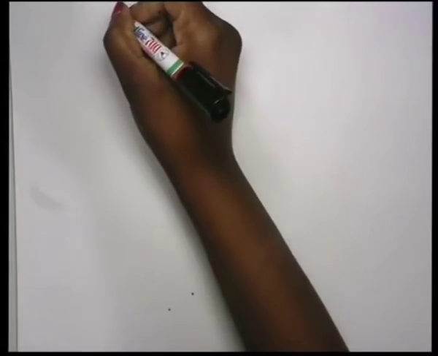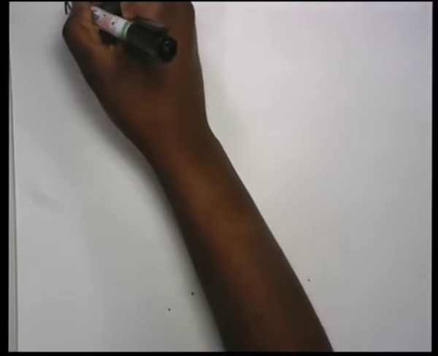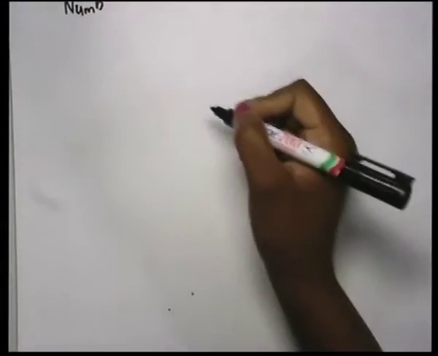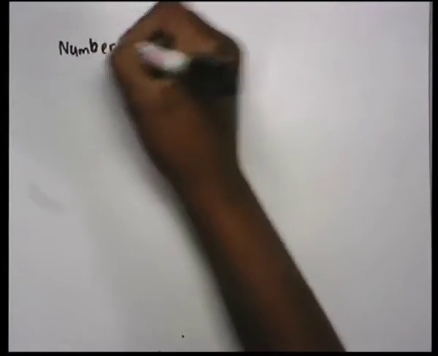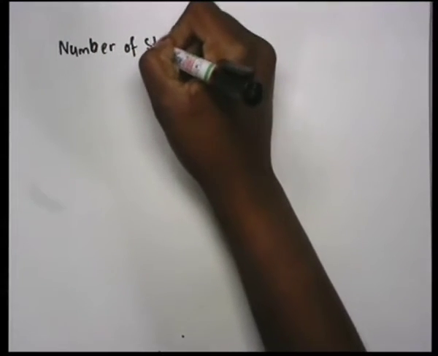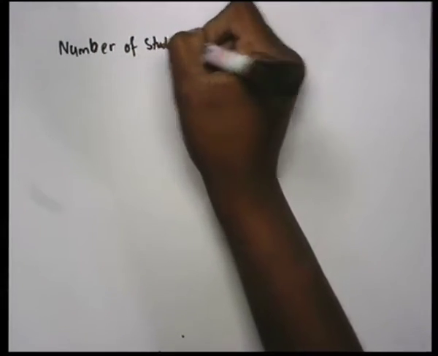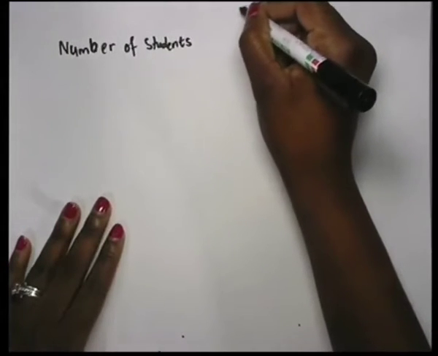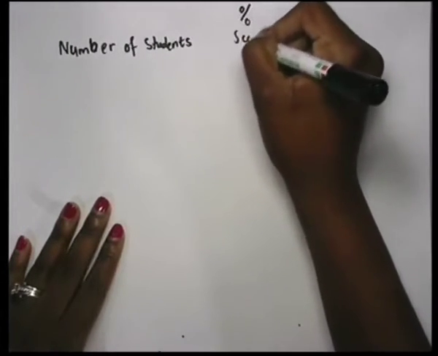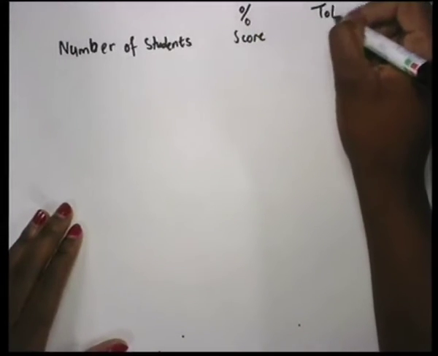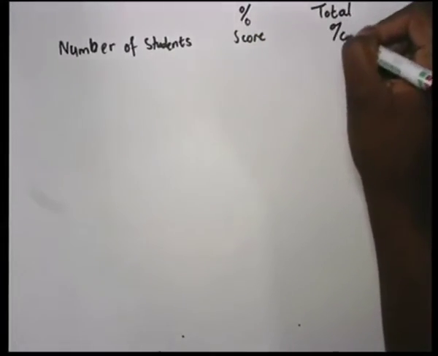Remember, it's always important that you write down the details that have been given to you. So we're going to quickly compile a very quick table, because now we're calculating the class average. I'm going to start with the number of students, the percentage score, and the total percentage.